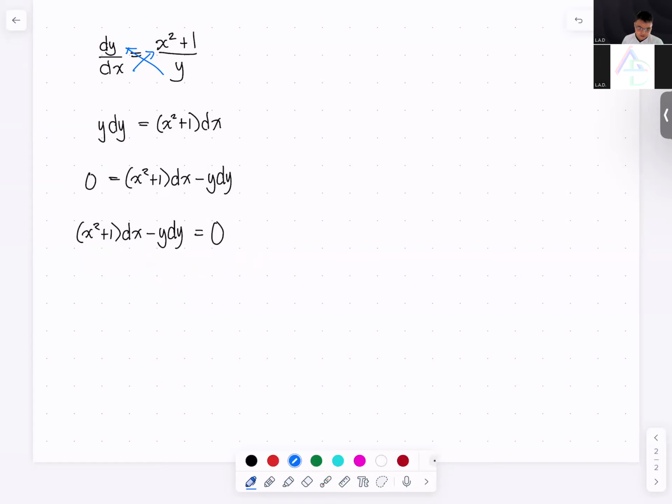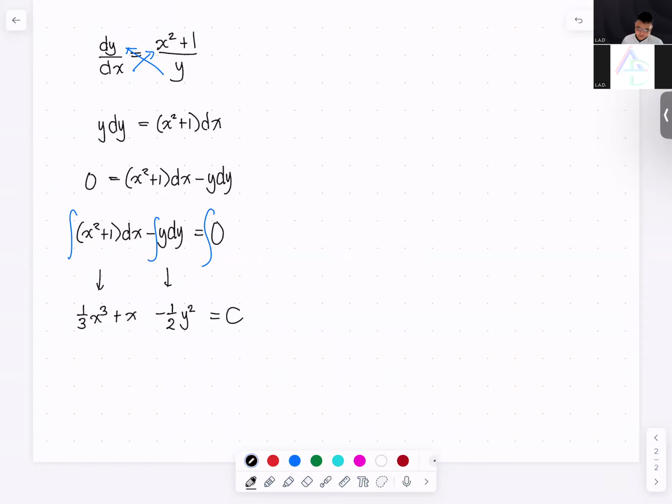So now we can integrate all the terms. By using the power rule, this is 1/3 x cubed plus x, and this is minus 1/2 y squared. And of course, the integral of 0 is the arbitrary constant.